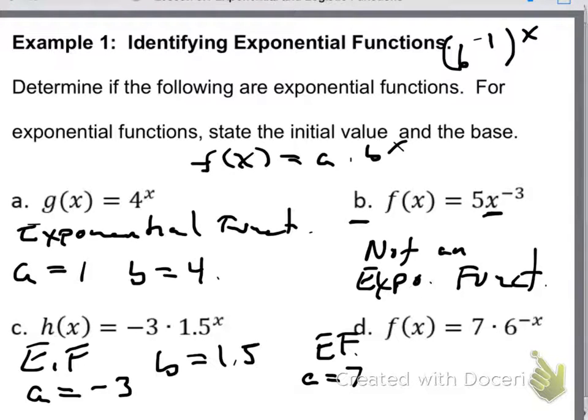And 6 to the negative first is going to be 1 over 6. So my base here is going to equal 1/6.